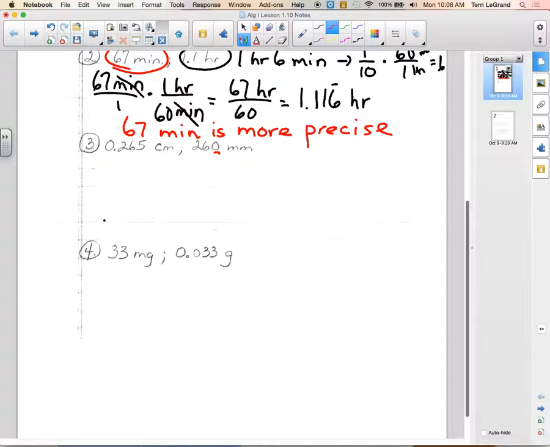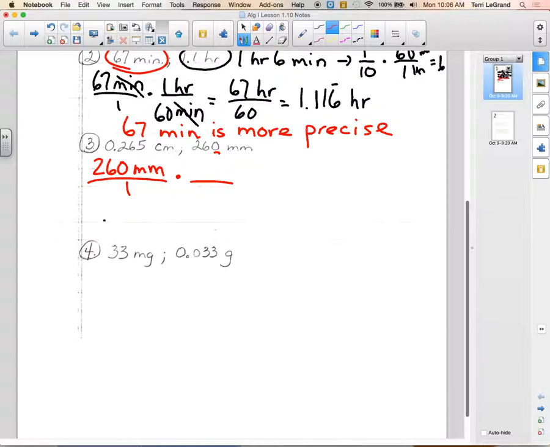Millimeters. Millimeters to, okay. So 260 millimeters over 1, times, we wanna go to centimeters. Anybody happen to know how many millimeters in a centimeter? 10. See how well you guys know the ruler? There's 10 millimeters in a centimeter.